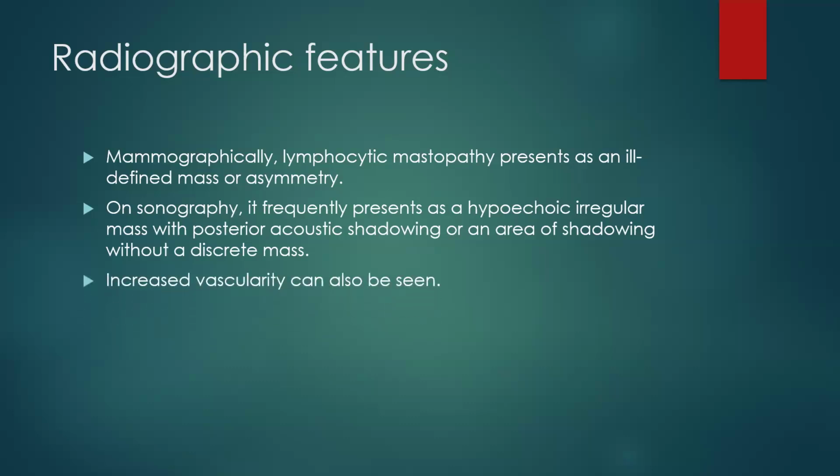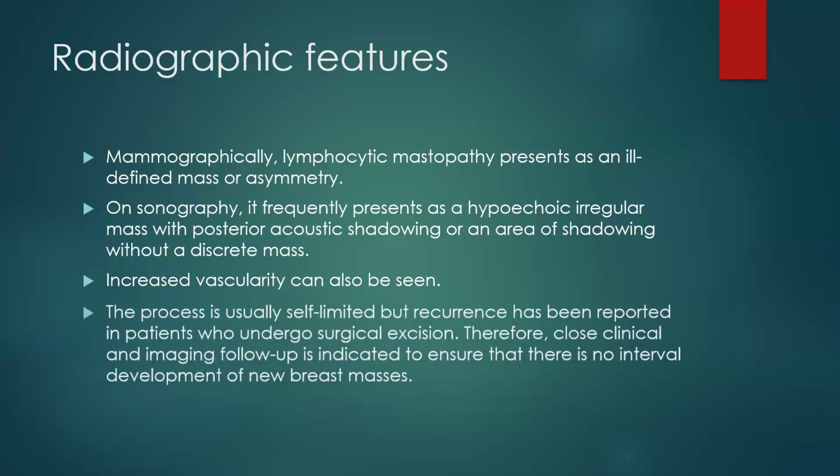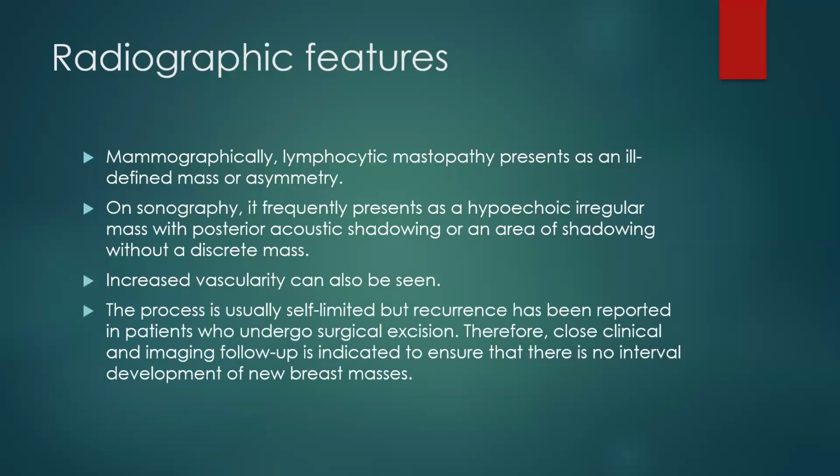Increased vascularity can be seen. The process is usually self-limiting, but recurrence has been reported in patients who undergo surgical excision. Therefore, close clinical and imaging follow-up is indicated to ensure that there is no interval development of new breast masses.